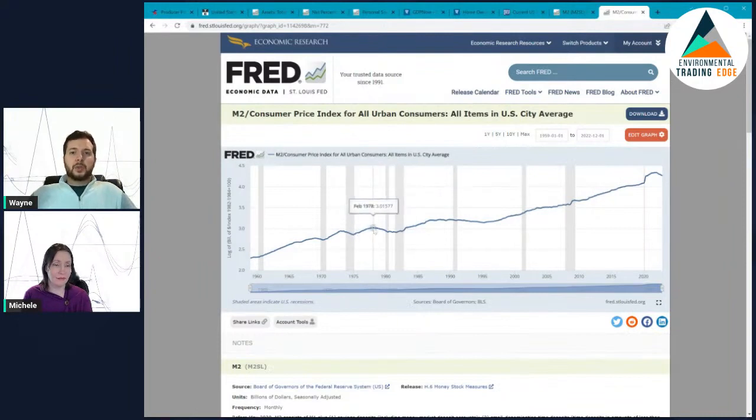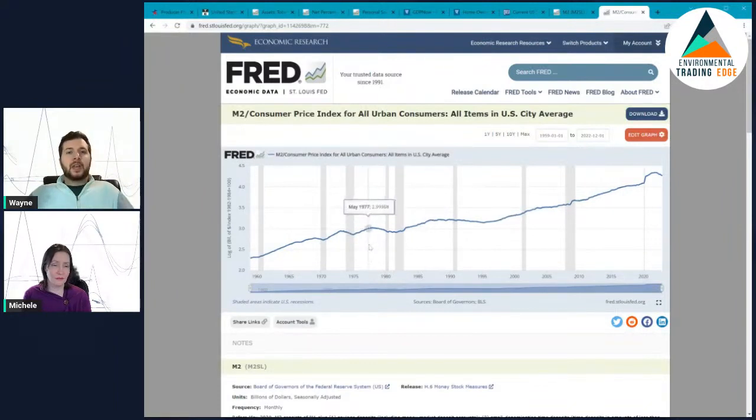So you can say, is the actual inflation rate keeping up with the amount of monetary expansion, or is the money supply expanding faster than the inflation rate? If the money supply is inflating faster than the inflation rate, then typically what's happening is there is new money coming into the system, and there's actually more purchasing power coming into the system because there's more money coming in than there is needed to actually buy goods and services.